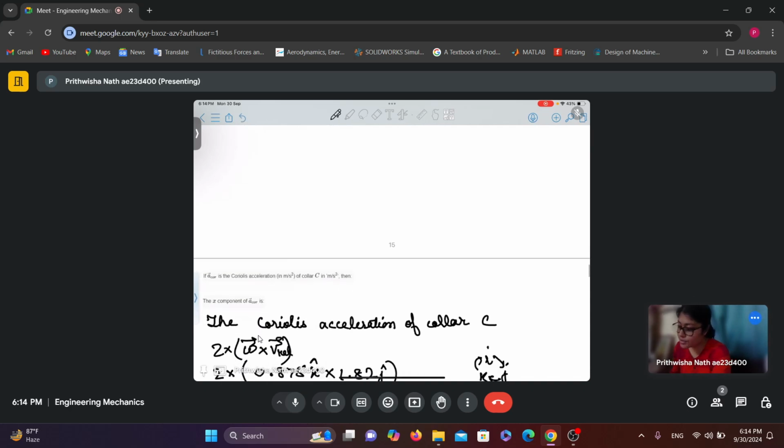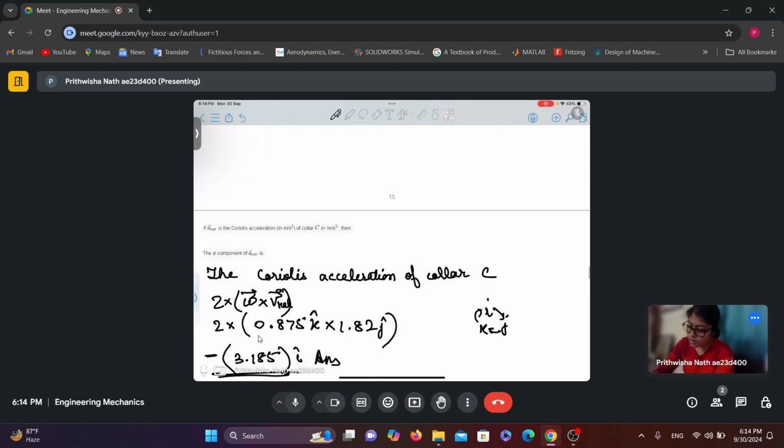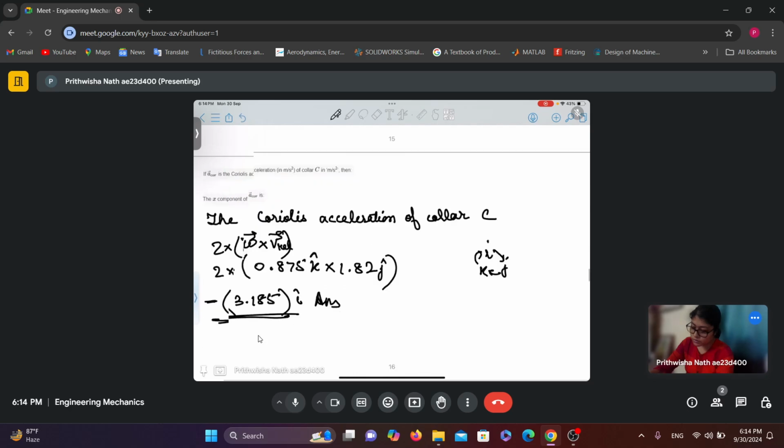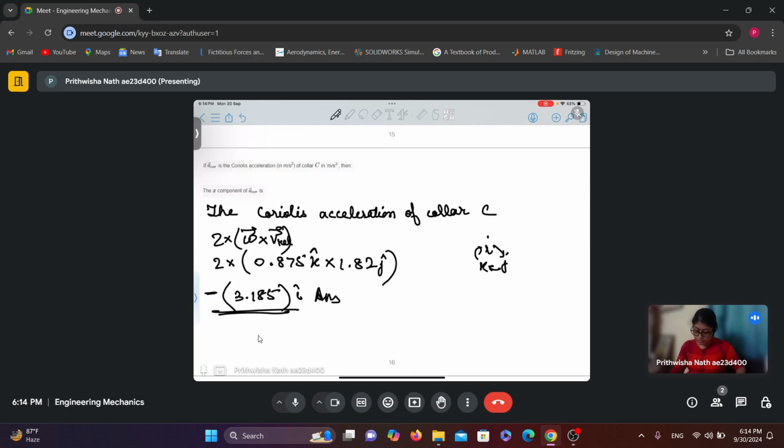Now they have asked to find out the x component of Coriolis acceleration. Now Coriolis acceleration is 2 into omega cross v relative. So which turns out to be 3.185 I. So from this we can conclude that there is no component in the j direction, right?